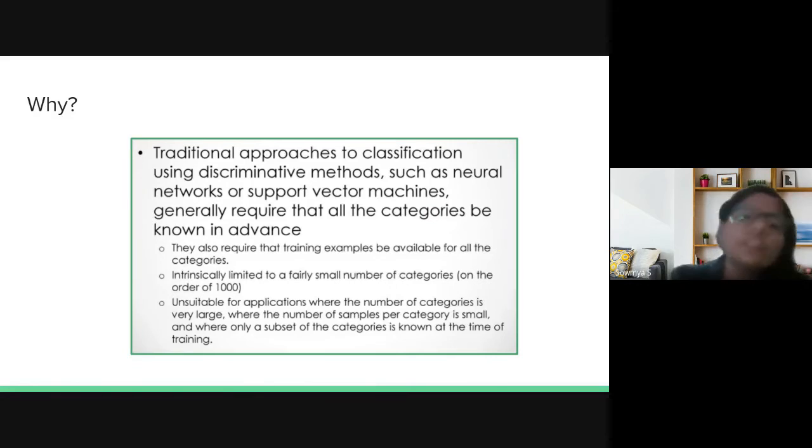Now, why are we doing all this? We have labeled data anyway, so why not just classify, especially in the context of supervised metric learning? That's because when we use discriminative methods such as neural networks or support vector machines, we need to first know all the categories, and we need training examples for all the categories. This is not a problem largely in text because we have good annotated categories, but there are many problems.